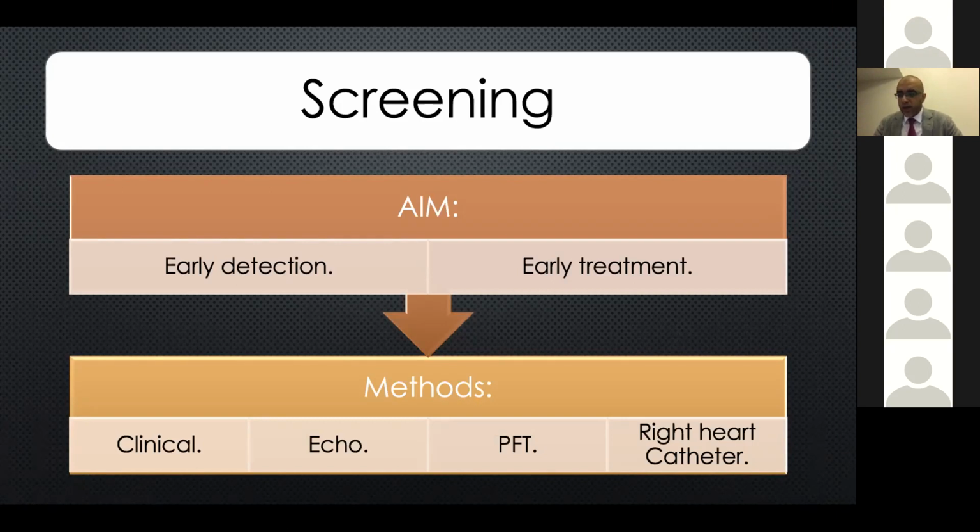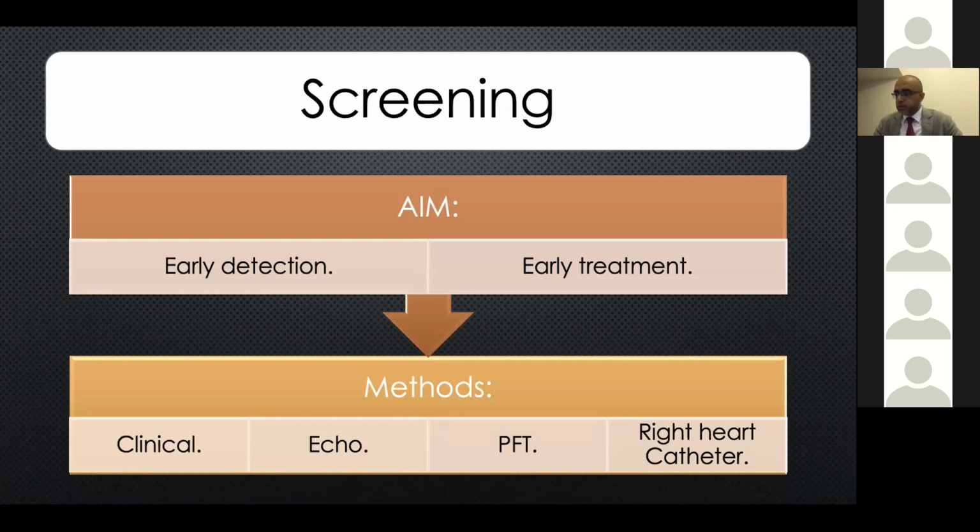So we need to have some sensitive tools to pick up this group of patients as early as possible to apply our early treatment. Coming to the second point in screening, which is the screening methods. We have different points here. We can see different pieces like the puzzle. We have clinical pieces, we have echo data, we have pulmonary function test data, we have the gold standard, which is right heart catheter.